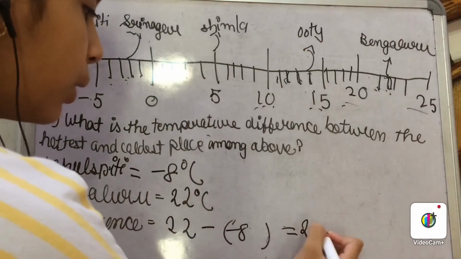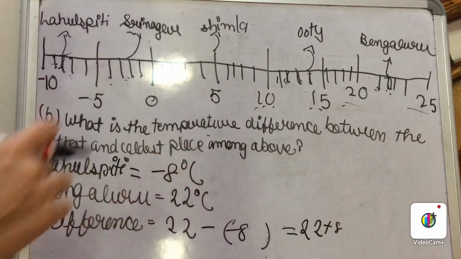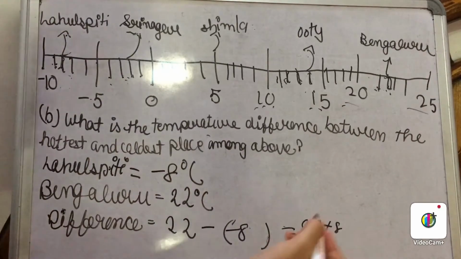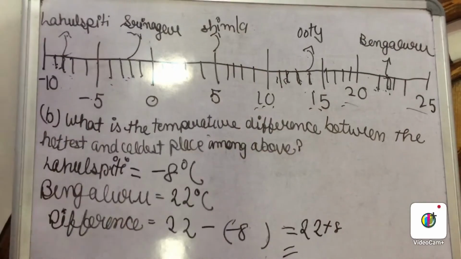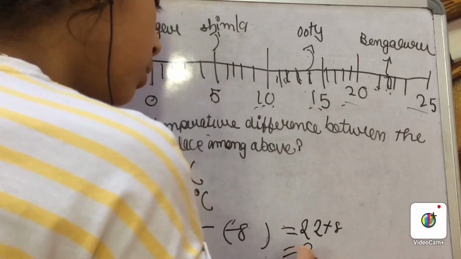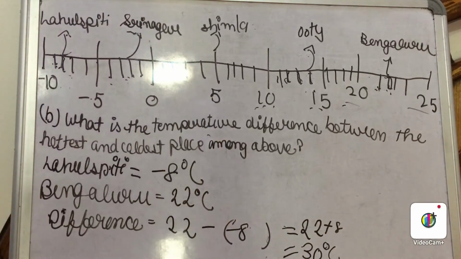So it will be 22 plus 8, because minus minus is plus. The solution is 30. So our answer is 30. The temperature difference between Lahul Spiti and Bengaluru is 30 degrees Celsius.